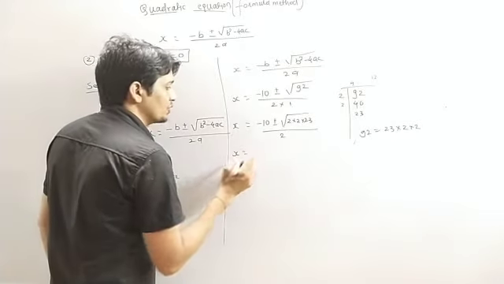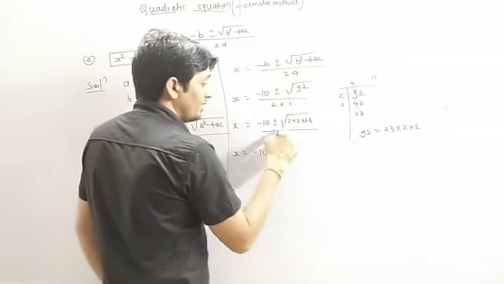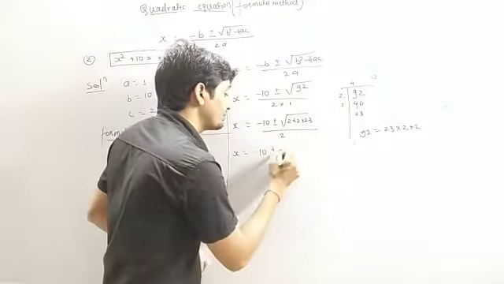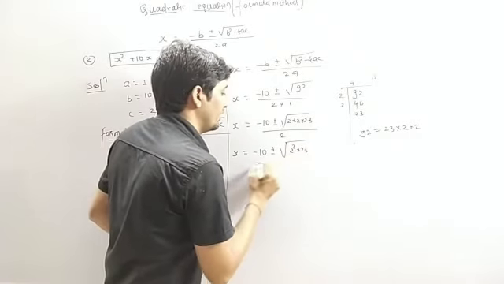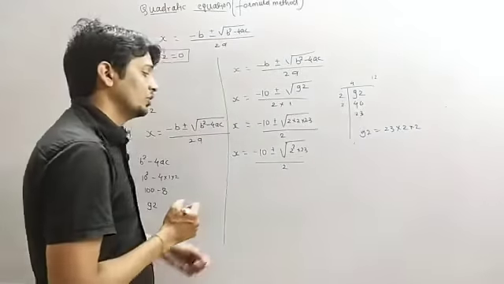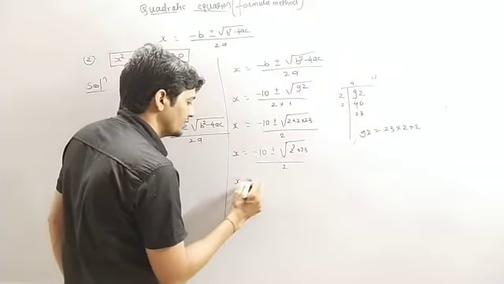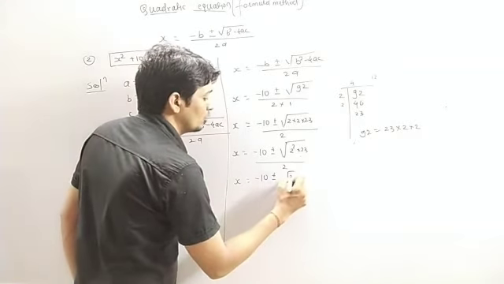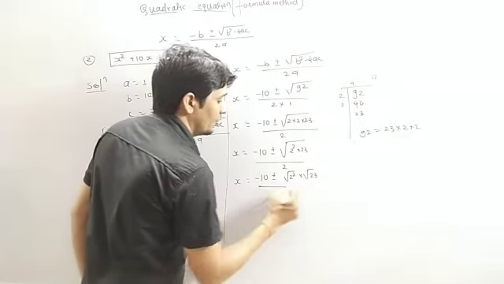So x equals to minus 10 plus minus. We can write 2 into 2 as square of 2, so square of 2 into 23 divided by 2. So we can write individually x equals to minus 10 plus minus root 2 square into root 23 divided by 2.